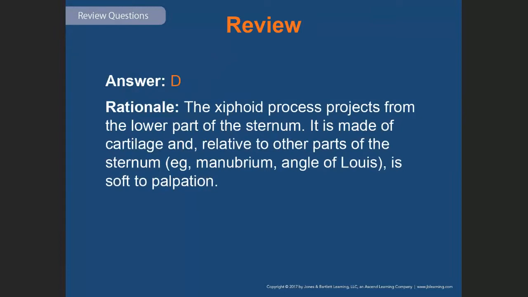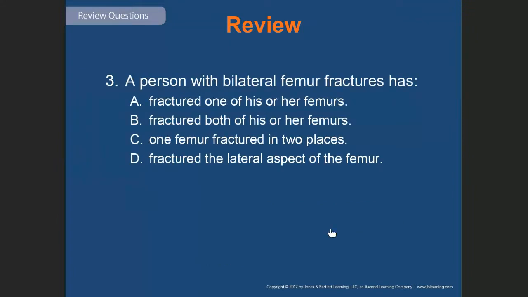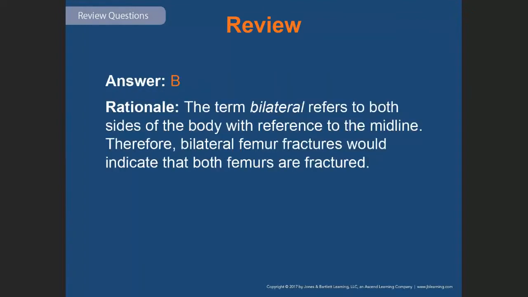That would be D, the xiphoid or xiphoid process. Number 3, a person with bilateral femur fractures has... okay. All right, I'm seeing a lot of B's. B would be correct.